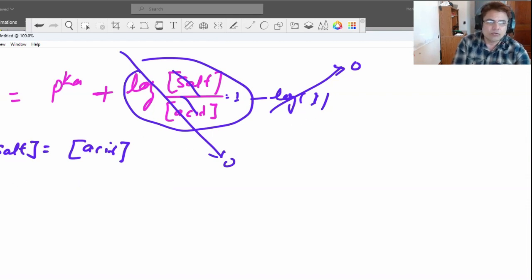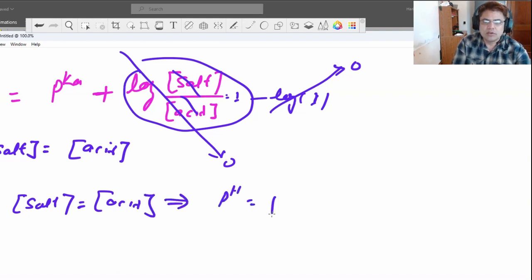That's why if salt is equal to acid concentration, then pH equals pKa. What does it mean?